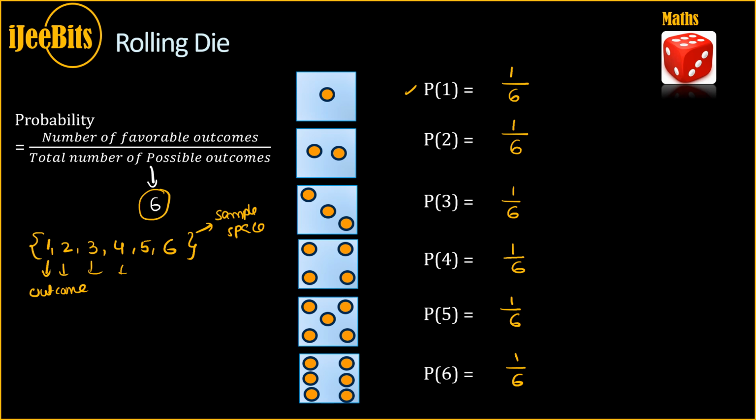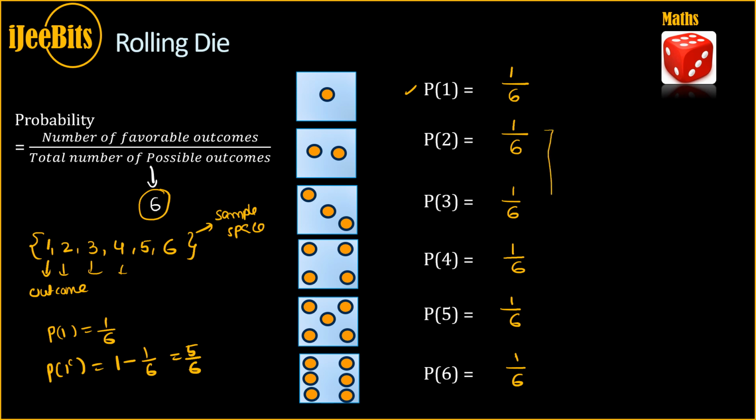What is your favorable outcome? We can also say the probability of not getting 1 from your experiment. If the probability of 1 is 1 by 6, then all the remaining are non-favorable cases. So the total minus 1 by 6 is 5 by 6. Not getting 1 covers all these other outcomes.